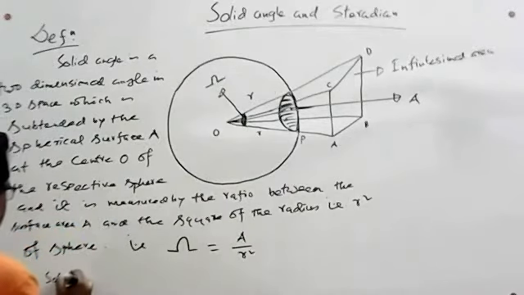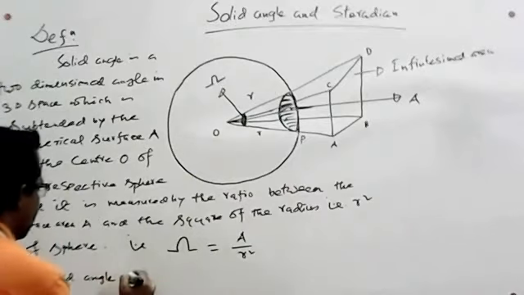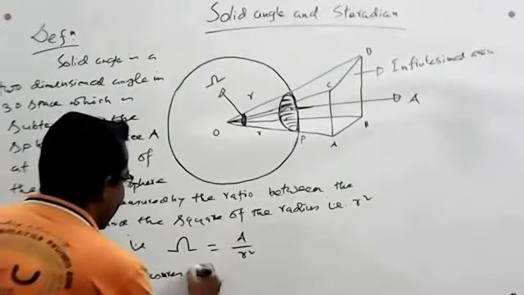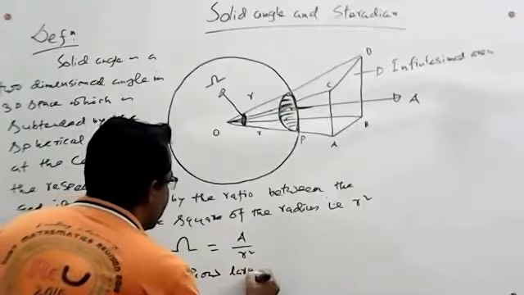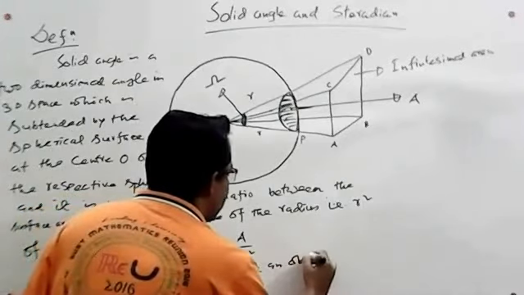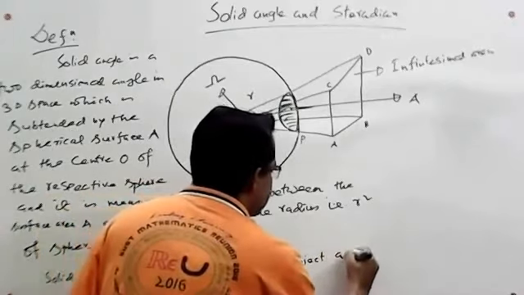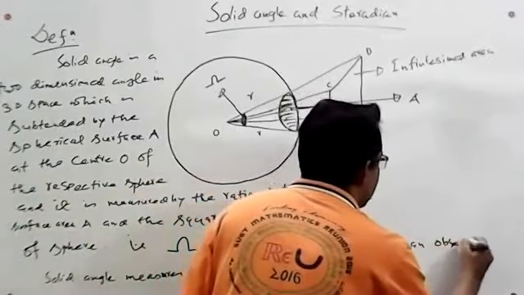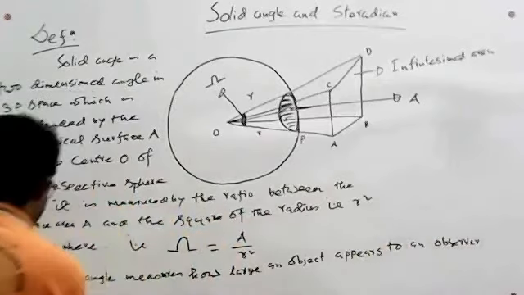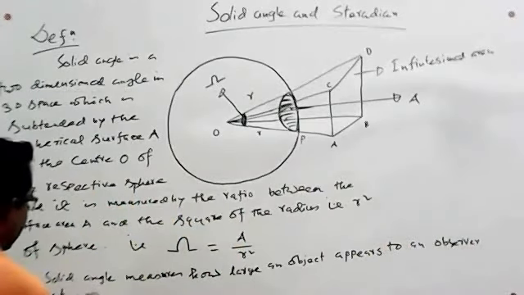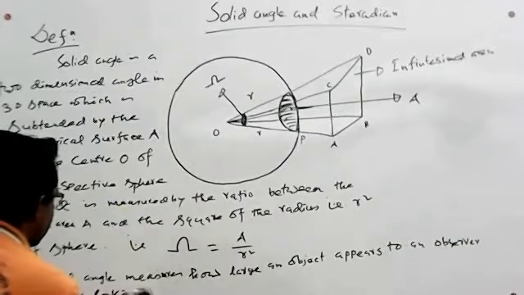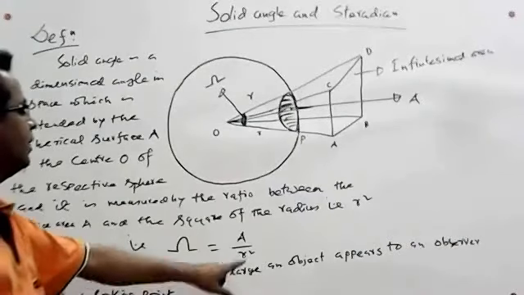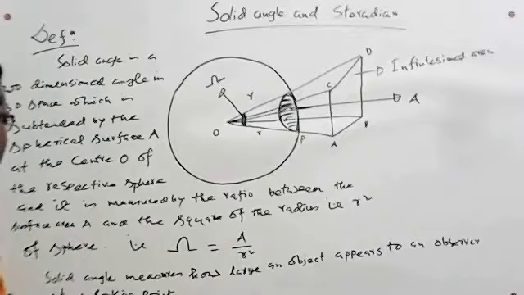Solid angle measures how large an object appears to an observer at a looking point.